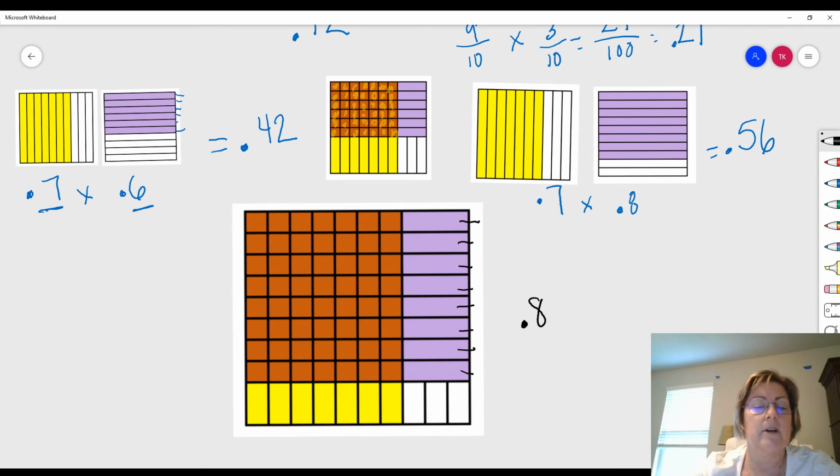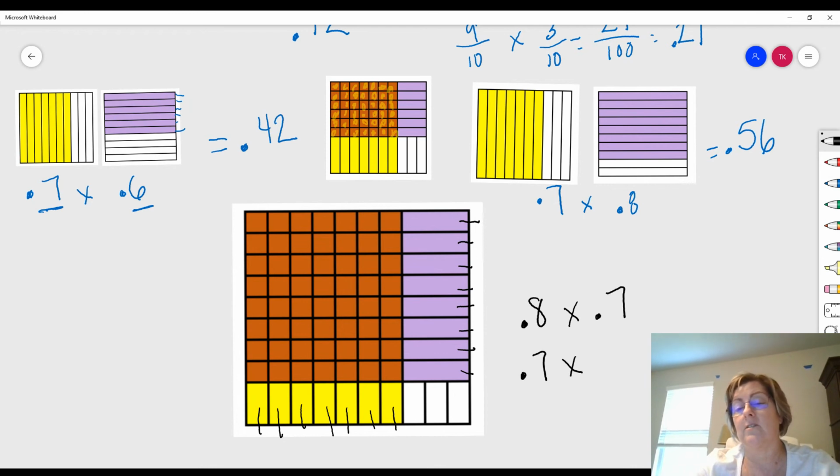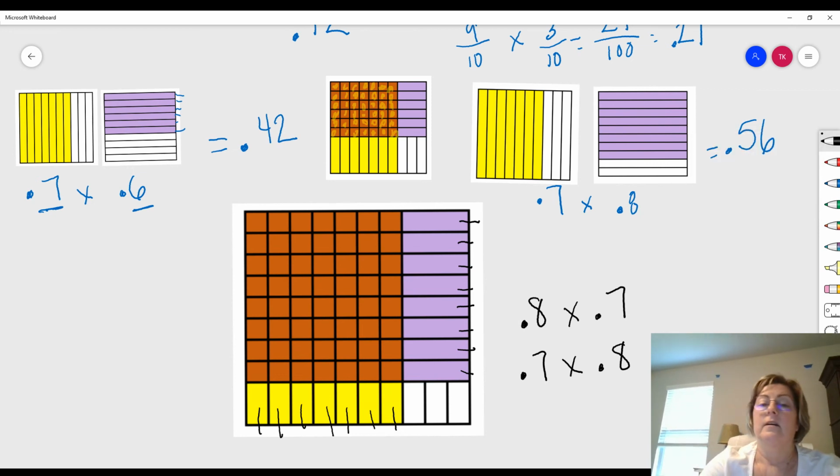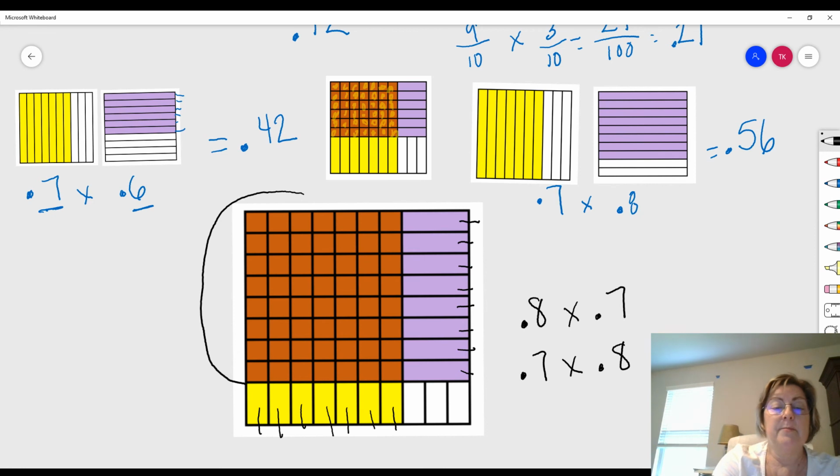Now, if I count in this direction, 1, 2, 3, 4, 5, 6 times 7 tenths. And I'm just going to write it the other way in case you want to see it the exact way we did it. 8 tenths. So again, I'm going to look at my overlapping section for my answer.